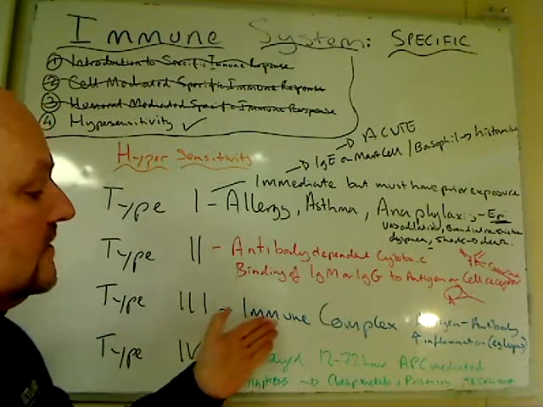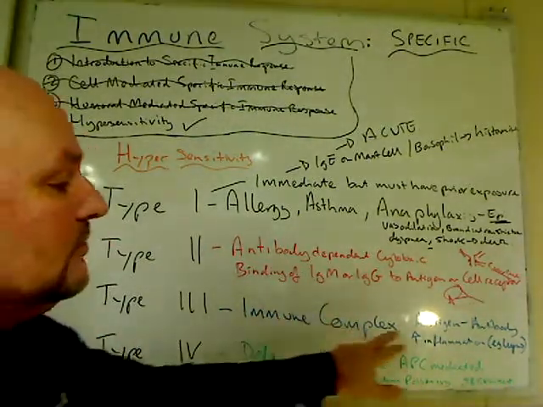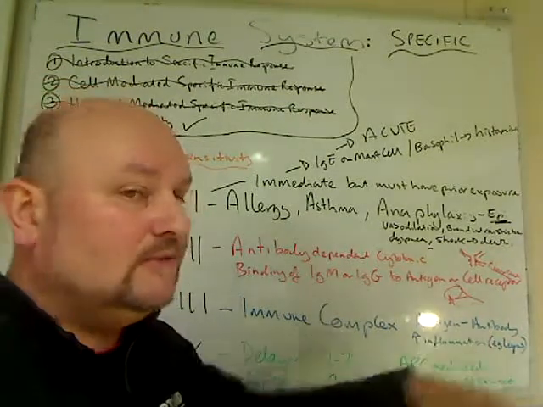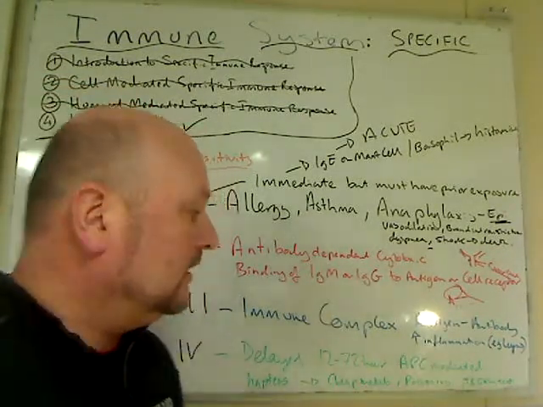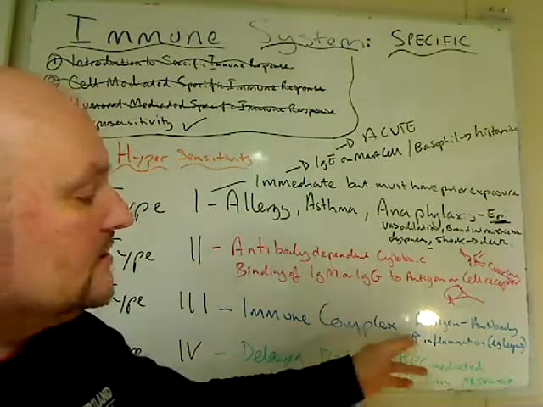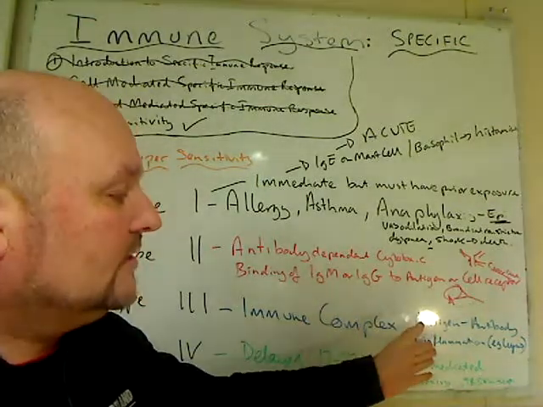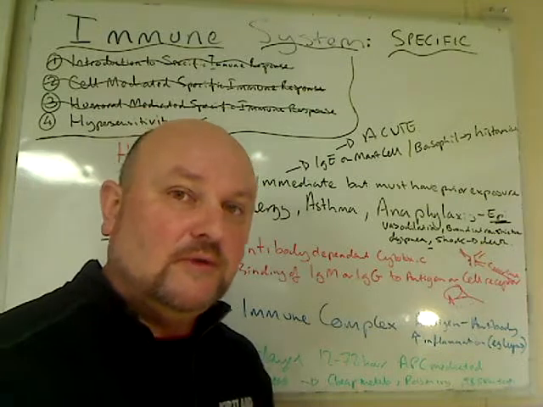Type 3 is an immune complex. Now, immune complexes are between the antigen and the antibody, so when they're bound up and clumping, agglutinating. This can cause a massive increase in inflammation throughout the blood system.